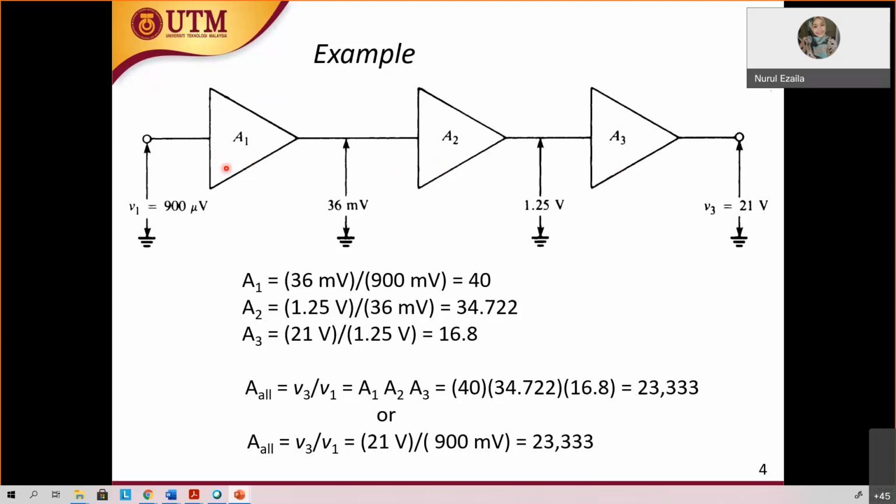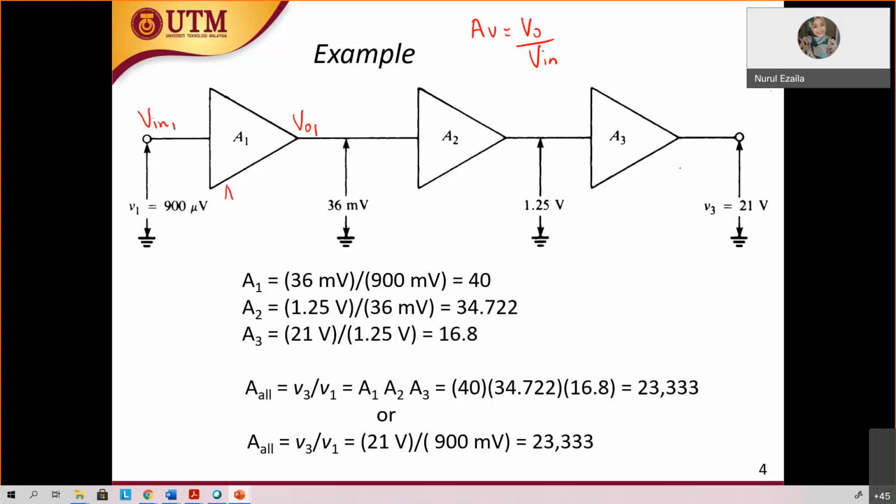For the first stage, you find the voltage gain of the first stage, and if you have a second stage, you find the voltage gain of the second stage, and so on. You know that the voltage gain AV is equal to V out over V in. So this is V in 1, and this is V out 1.